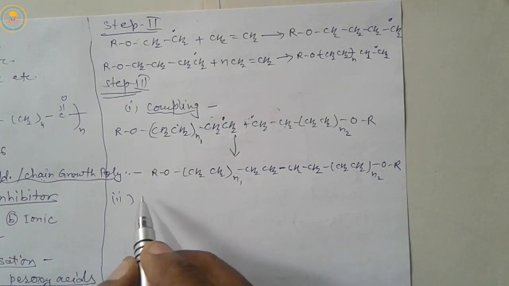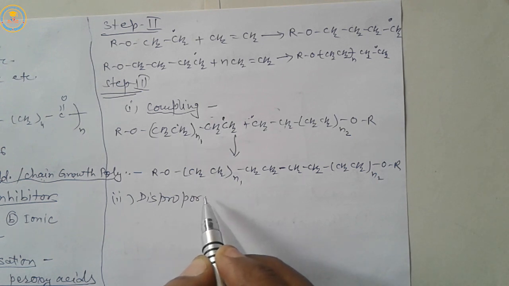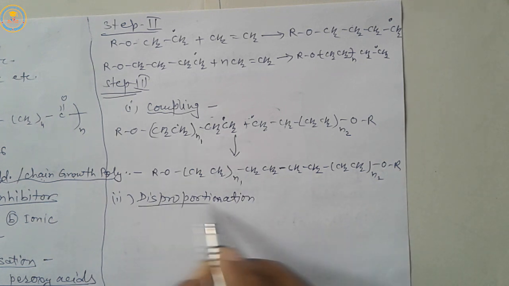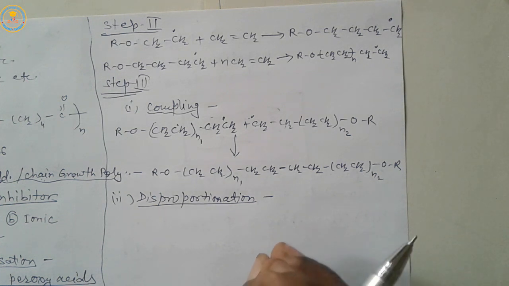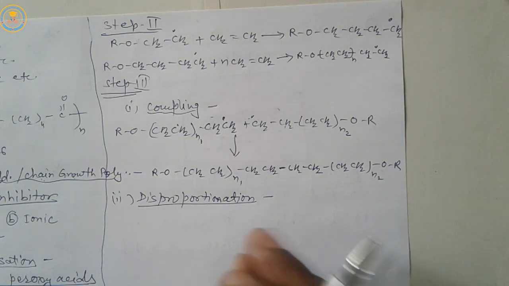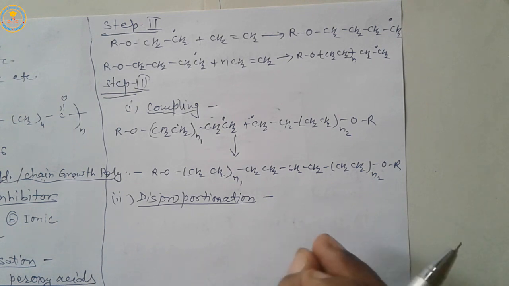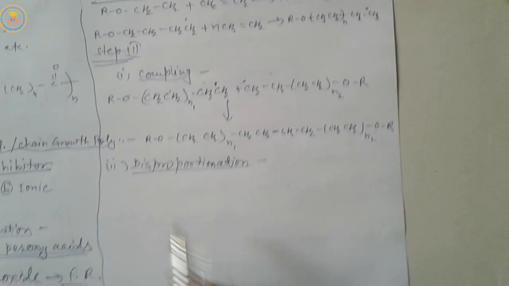Now next, the second way: disproportionation. Two radicals form neutral molecules by transfer of hydrogen from one radical to the other radical. This is called disproportionation.